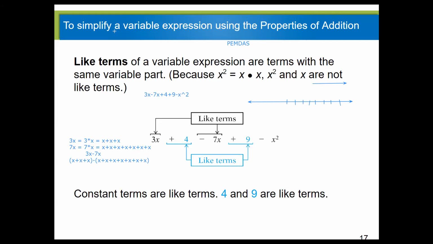So if this direction is positive, the opposite of positive is negative, which means this direction is negative. Instead of adding x 7 times in the positive direction, if I subtract 7x, I'm moving 7 times in the negative direction.